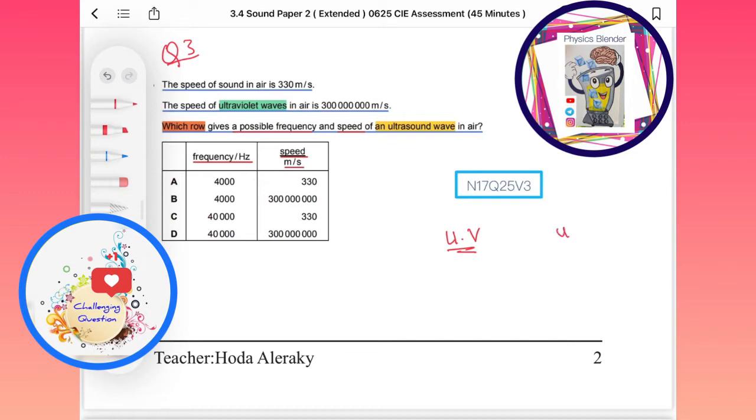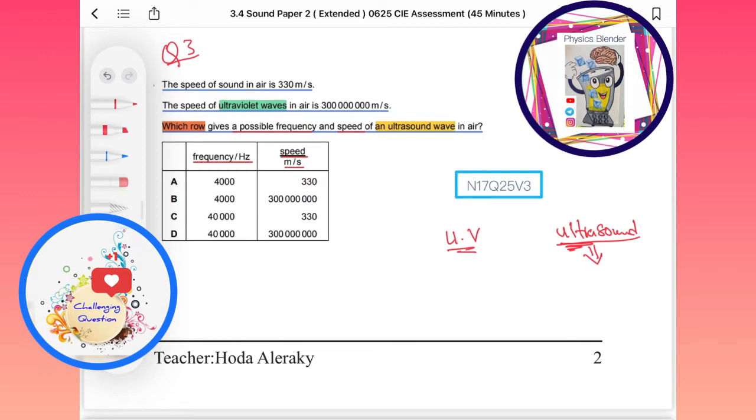And for ultrasound, we mean that it's a sound wave, a longitudinal wave, but its frequency exceeds the audible frequency of the human hearing range. That's why we call it ultrasound.